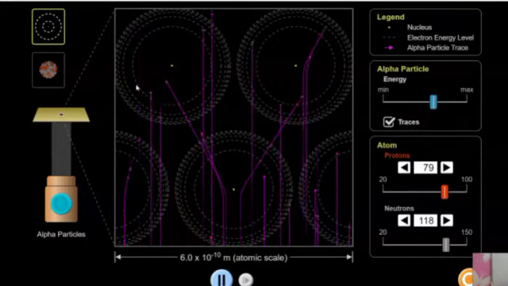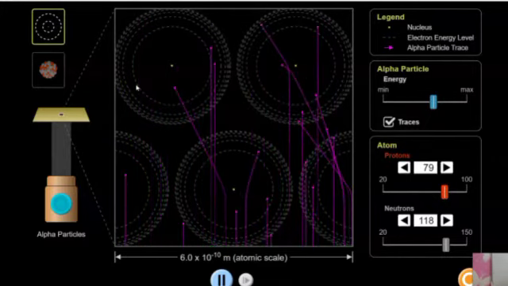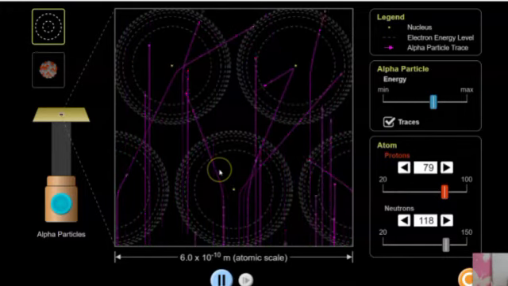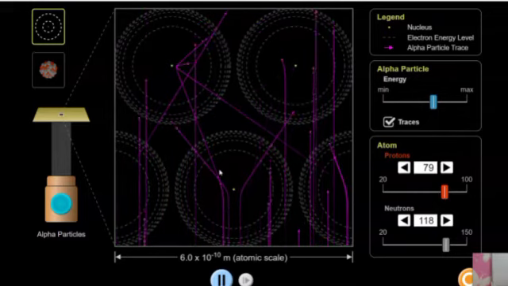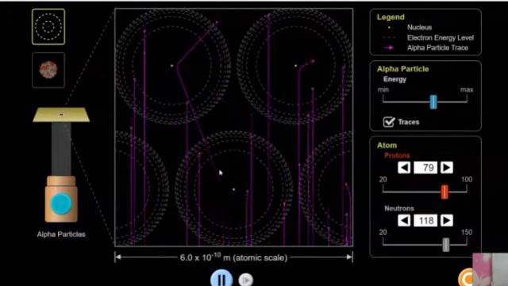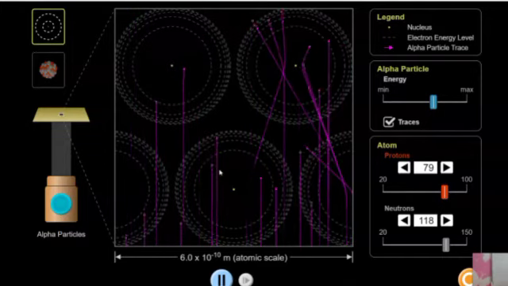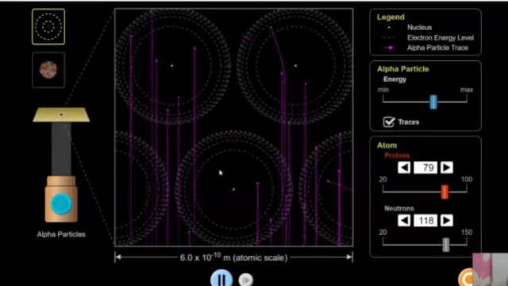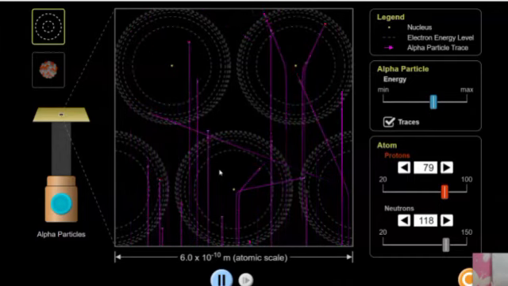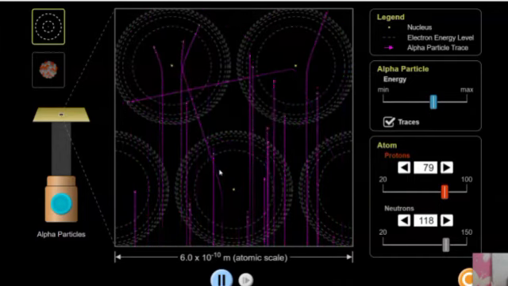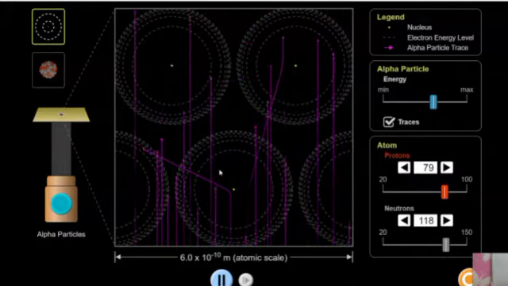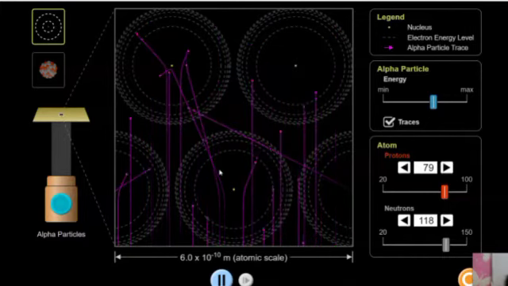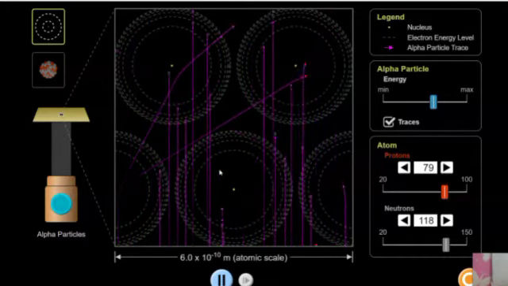In this figure you can see most of the alpha particles are moving without any deviation, some of the alpha particles are deviating in very small angles, very few are deviating in large angles, and very few bounce back. This is the experiment setup of Rutherford. So what things he identified from this experiment, we will see.